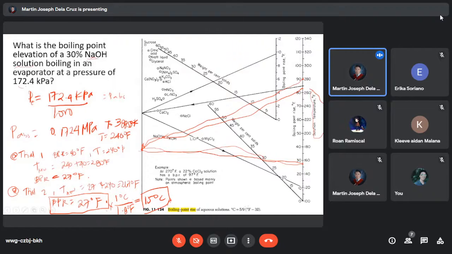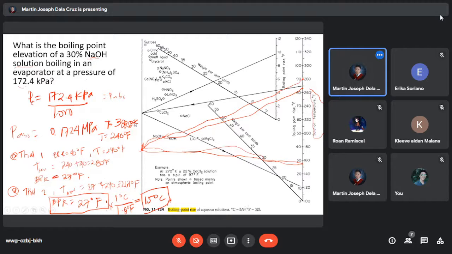Okay? So, ang gagawin muna natin, since pressure ang given, automatically, absolute yan kasi wala namang nakasabi na vacuum gauge or whatever. So, we'll have to use your thermodynamic properties para makuha natin yung temperature. So, after getting your temperature, convert lang natin siya ng degrees Fahrenheit, class. Okay?